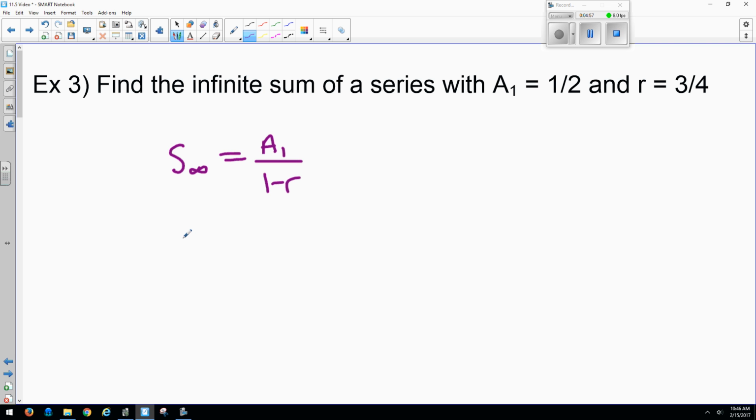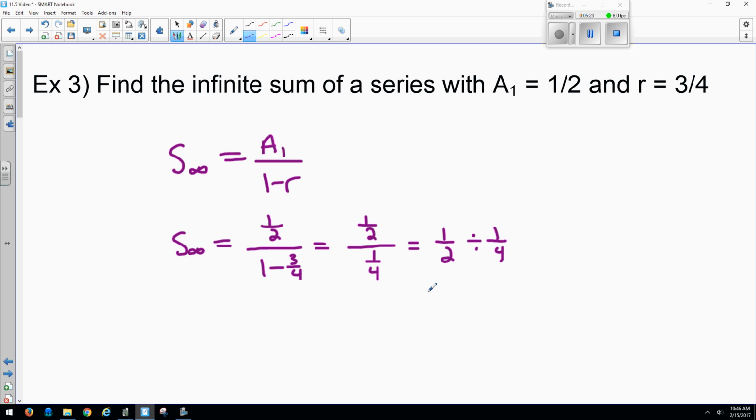So this is going to be 1/2 over 1 minus 3/4, and we can certainly simplify this. 1 minus 3/4 is 1/4, and that's the same thing as 1/2 divided by 1/4. Keep, change, flip: 1/2 times 4/1, which is 2.